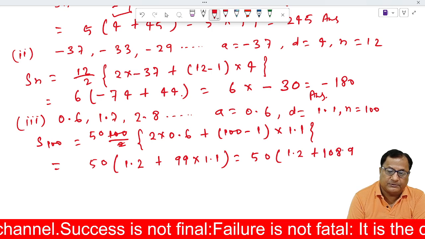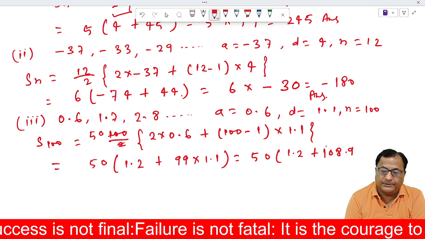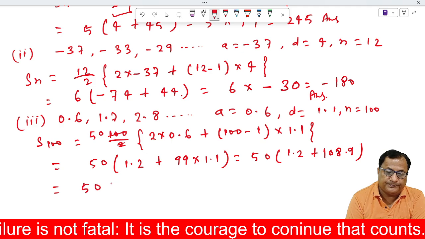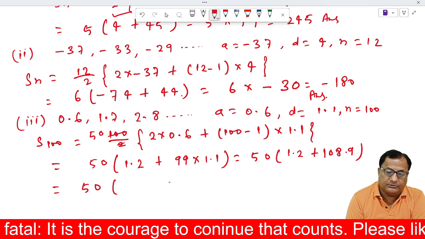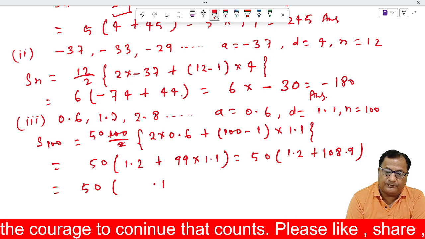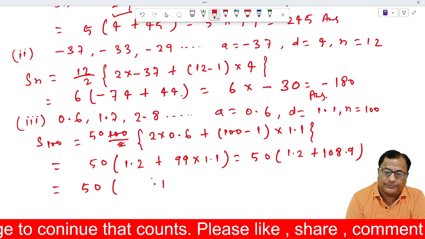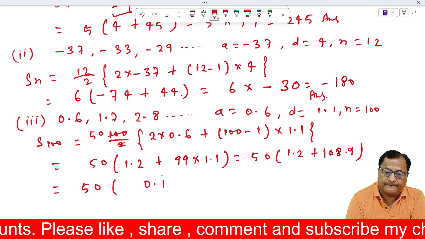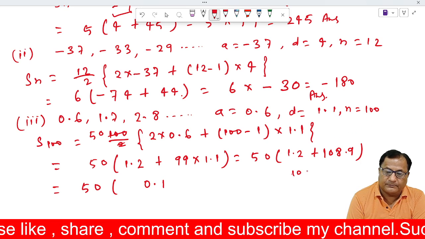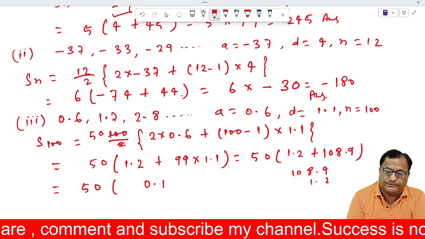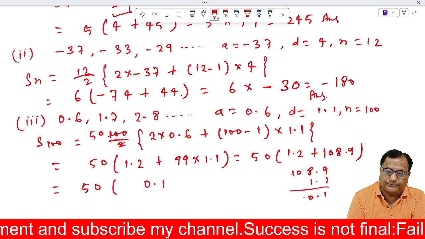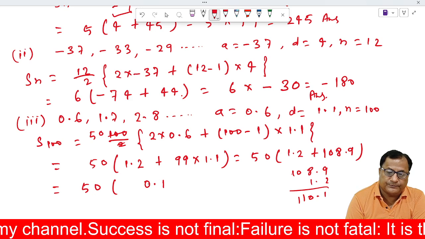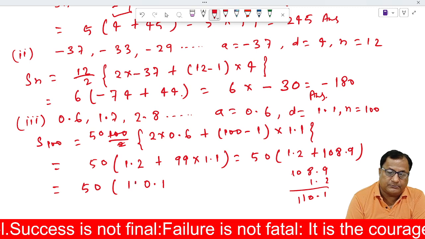108.9. If you add this, it will be 110.1.